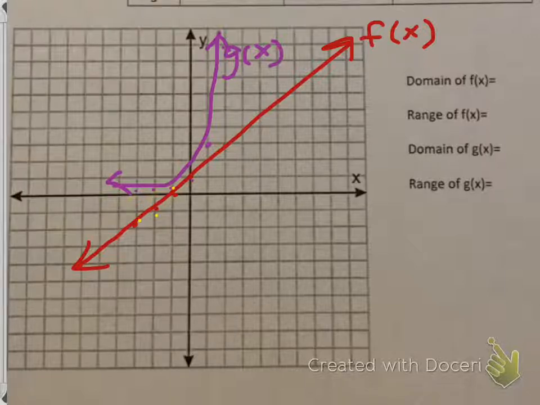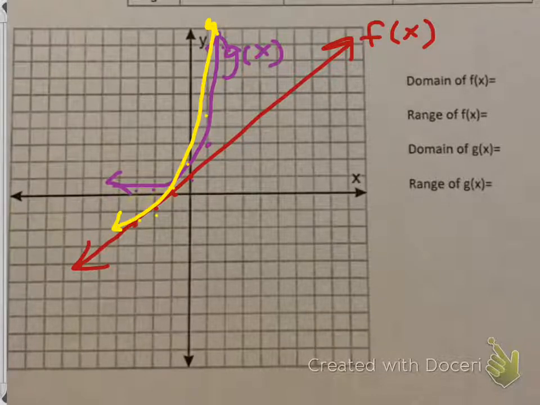So here. 0, 2. So here. 1, 5. So there. 2, 12. Which takes me off of my chart. So my new one's coming through something like that.